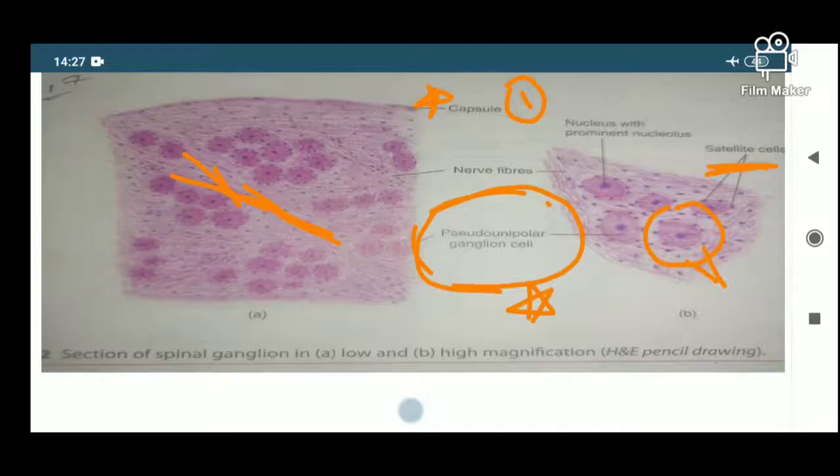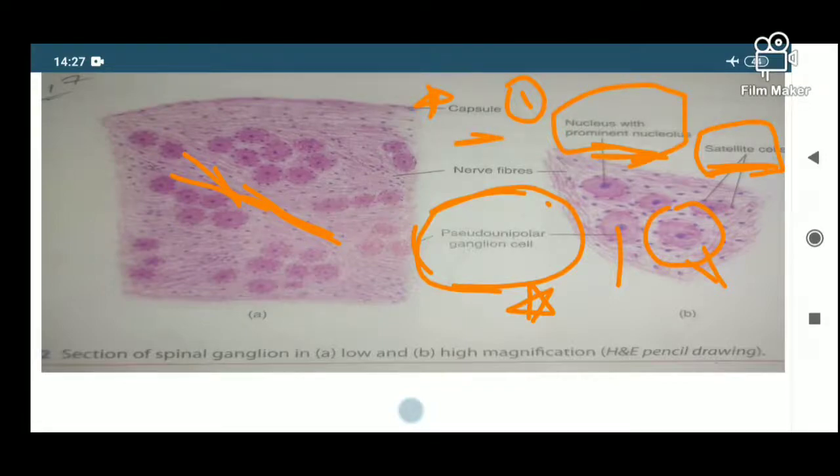What do the satellite cells provide? They provide structural support to the cell bodies. And the nucleus of the cell body, you can see here, is large with a prominent nucleolus. So this is our fifth point.